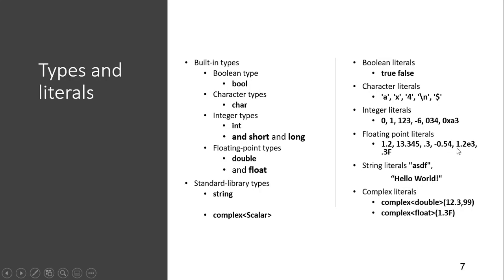Similarly, आप floating point values को यूँ भी specify कर सकते हैं, 1.2 multiplied by 10 raised to power 3. 1.2E3 means 1.2 multiplied by 10 raised to power 3. These are string literals, उनको आप double quotes में enclose करते हैं. And then these are complex literals. We may talk about these later on अगर time हुआ. ठीक है?